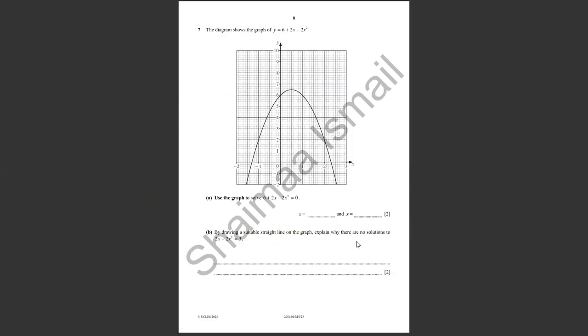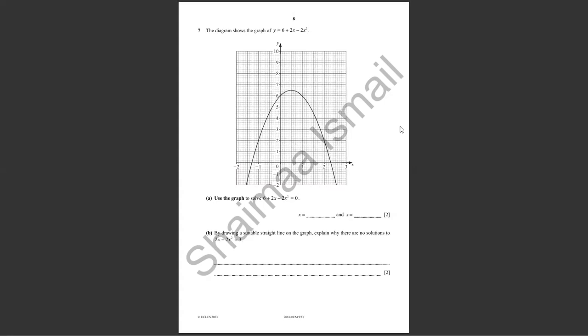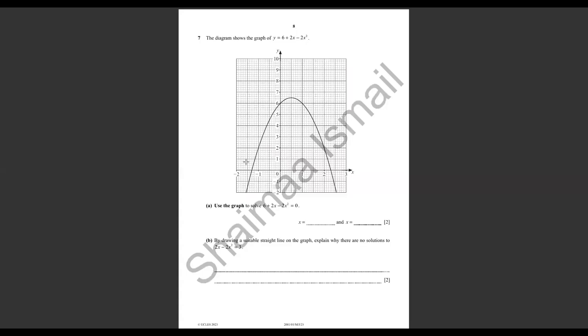The diagram shows a graph of y equals 6 plus 2x minus 2x squared. Use the graph to solve 6 plus 2x minus 2x squared equals 0. Use the graph, so we have to use the graph, and many thanks that you already drew it.